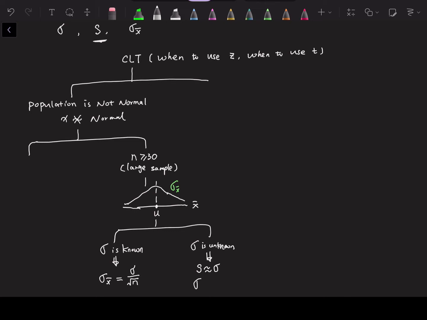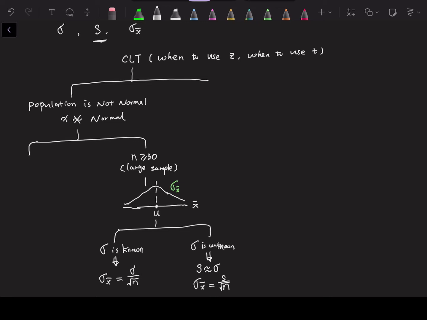Then the standard error of the sample mean equals S over the square root of n. That's why last video we talked about the relationship between these three measures: population standard deviation sigma, sample standard deviation S, and the standard error of the sample mean, sigma sub x bar.